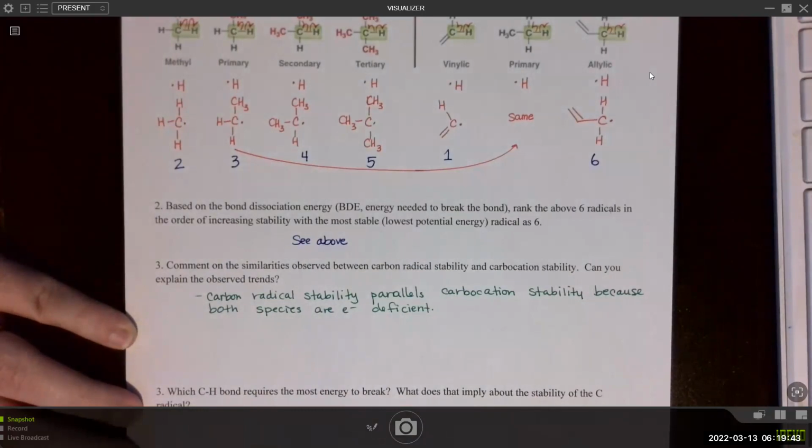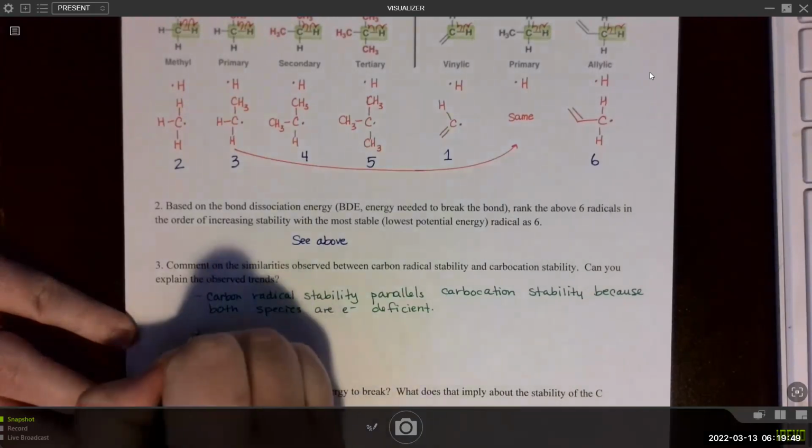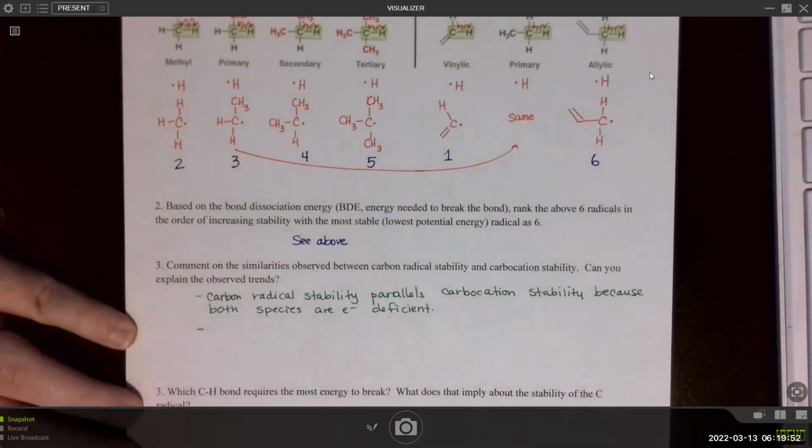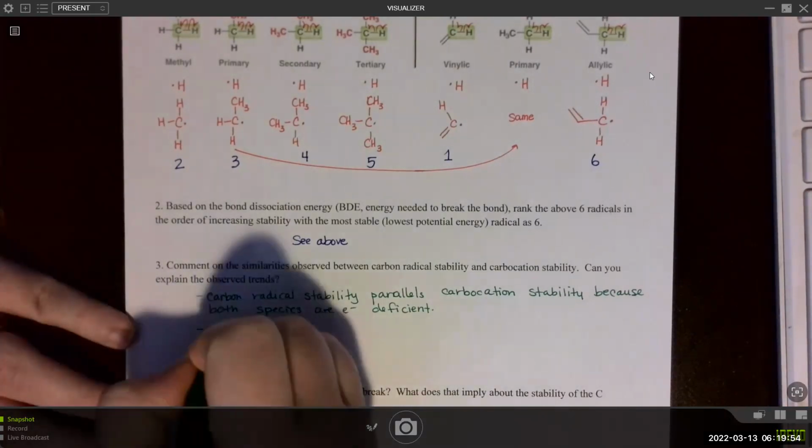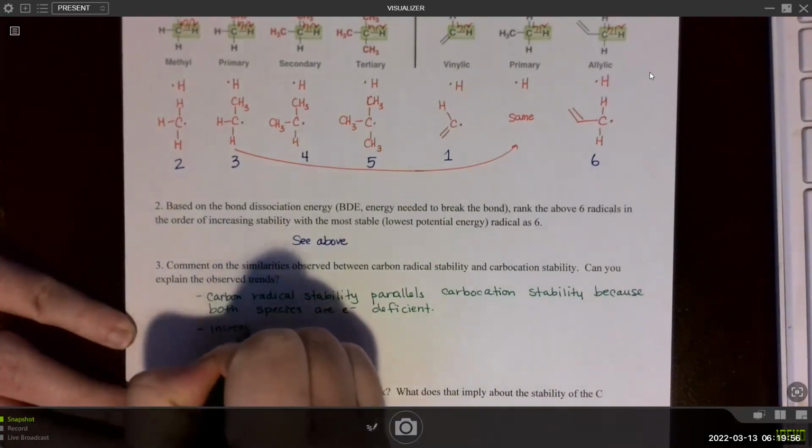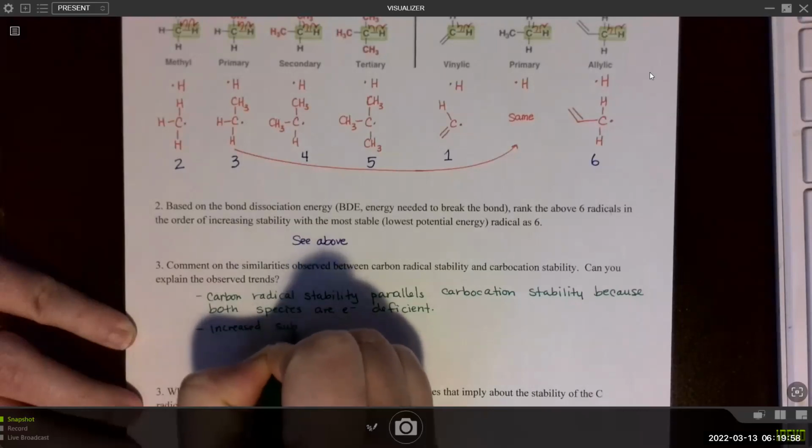Right, and then we would say, what should we say next? Increased substitution.